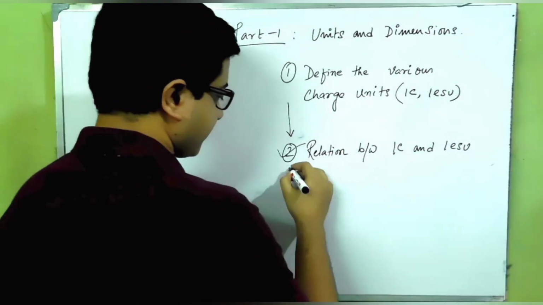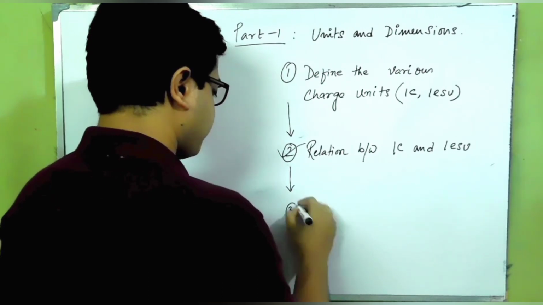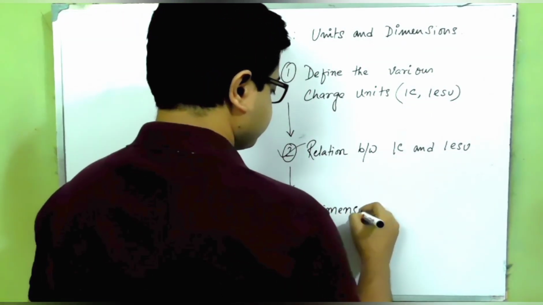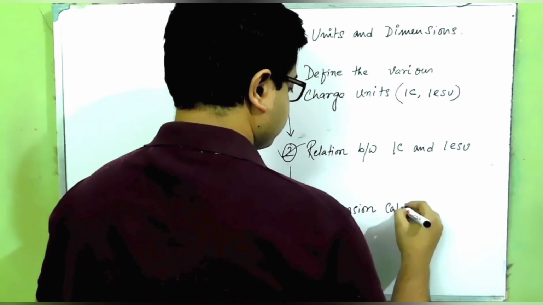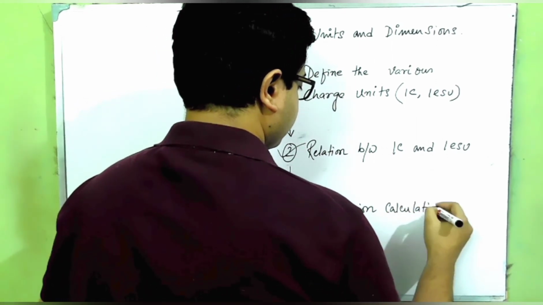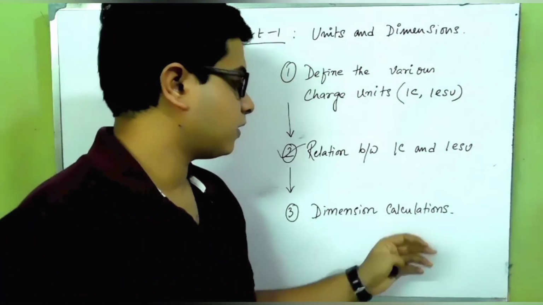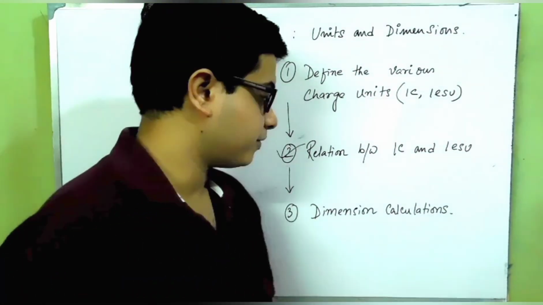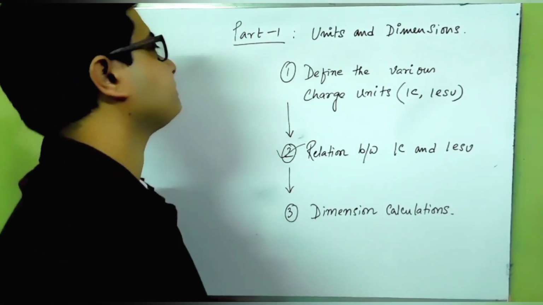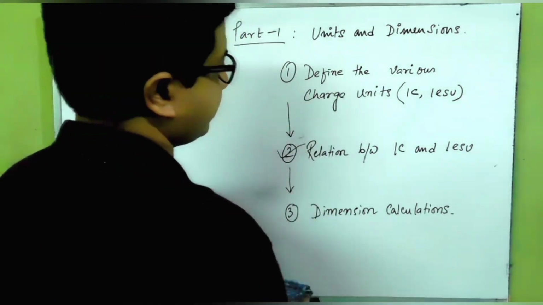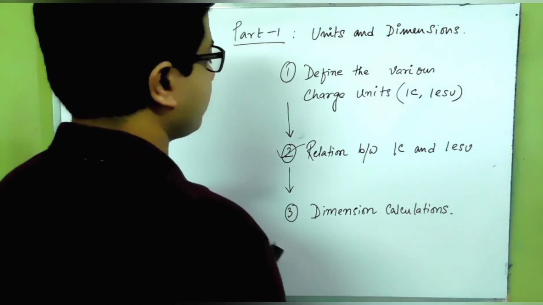And number 3 is the dimension calculations. We are going to derive the dimensions of all the electrostatic parameters we are talking about. Now, let us start with the definition of various charge units, that is 1 Coulomb and 1 ESU.